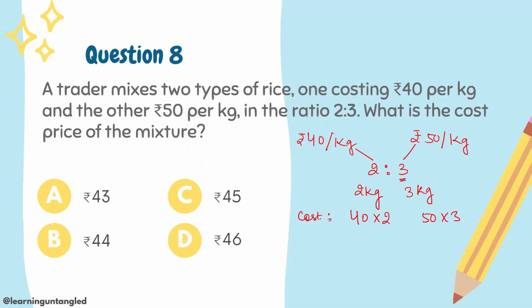So the cost of the mixture would be what? The total cost divided by the total weight, which is 5 kgs. So this is 80 plus 150 divided by 5, which is 230 divided by 5, which is 46 rupees. Therefore, your answer is D, 46 rupees.